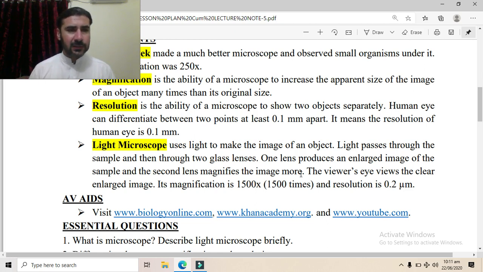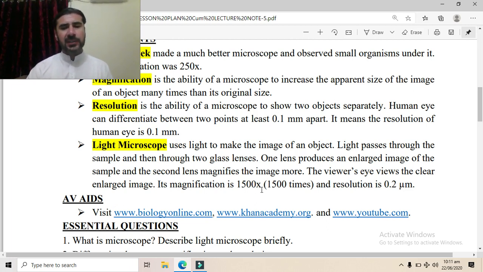The first lens magnifies the image. Then when this light passes through the second lens in the eyepiece, it further magnifies the image. So overall the magnification is greatly increased, and the viewer's eye sees the clear enlarged image.